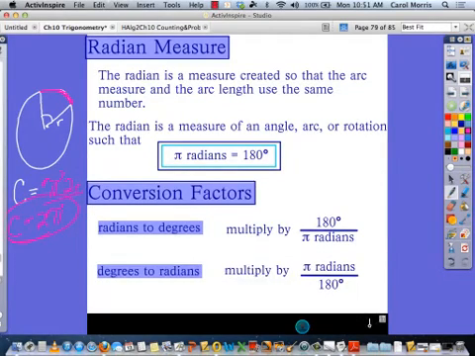Knowing we can do that, we can convert any number of radians, degrees, back and forth from one system to the other with that very simple conversion factor. Pi radians equals 180 degrees.